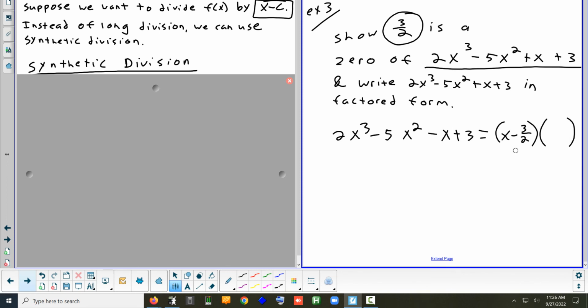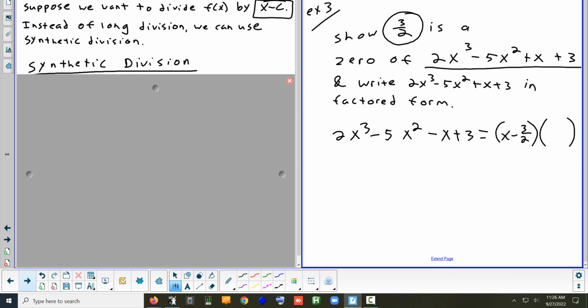What does it mean if something is a factor of something else? You divide it. Cleanly, so without remainder. So all we really have to do in this problem is show that if you divide the original polynomial by x minus 3 halves, you're going to find that you get a remainder of 0.